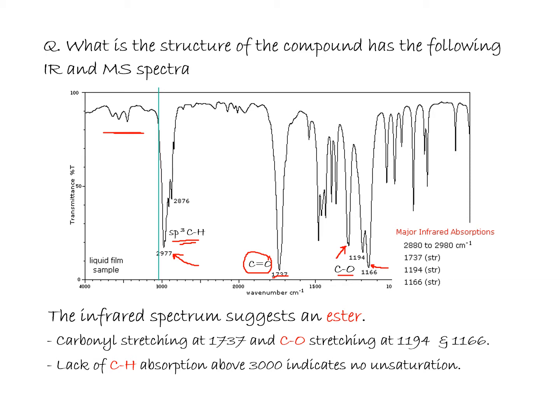So from the infrared, it's clear that we have an ester function, carbonyl and C-O. So we have this functionality: R-C(=O)-O-R.